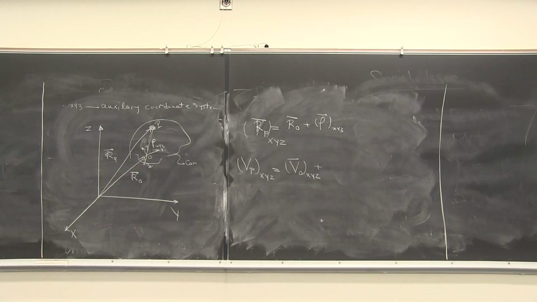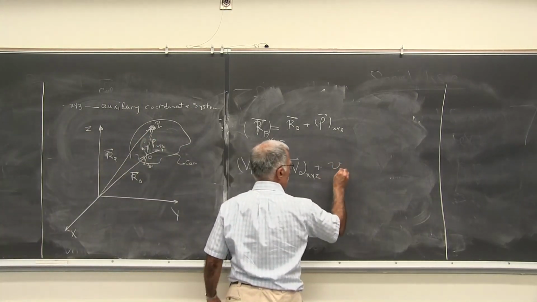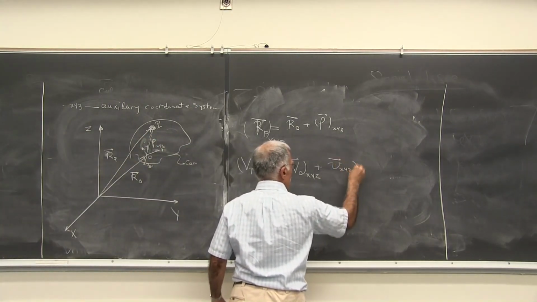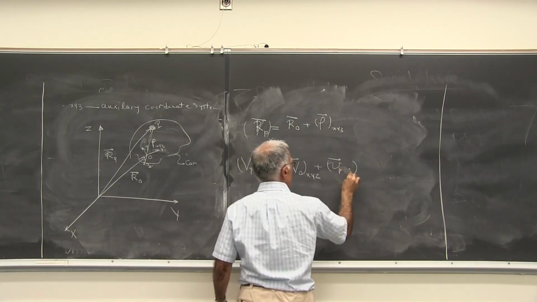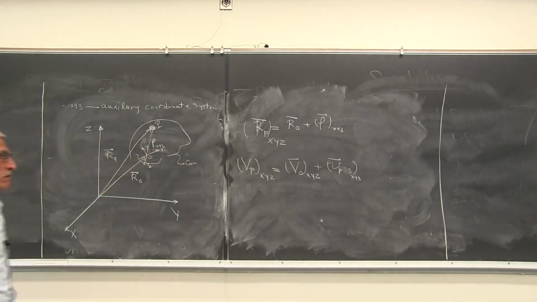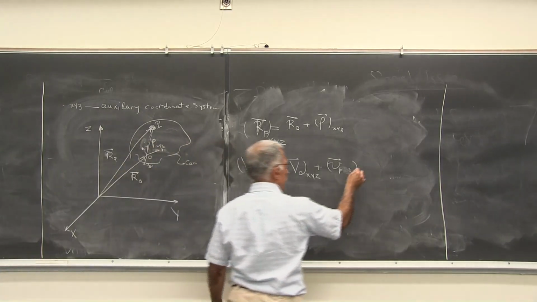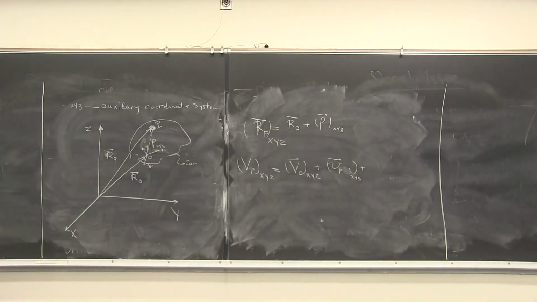The derivative of that vector is the velocity of the point P with respect to small xyz, plus something for the vector rho. As a result, the car is being twisted.